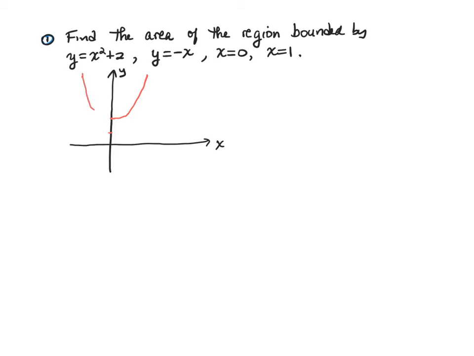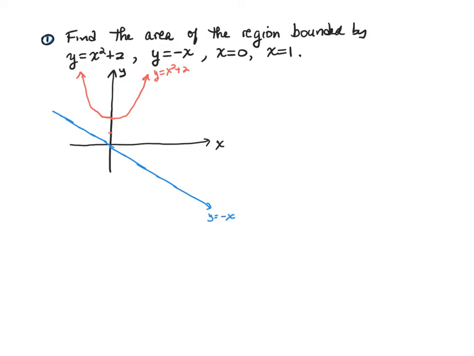I exaggerated the parabola. So, okay, and we should label it y equals x squared plus 2. Y equals negative x is a diagonal line through the origin with negative slope. So it looks something like this. And again, it's not perfect.